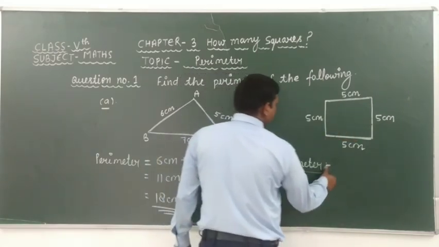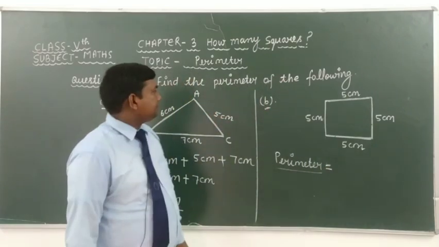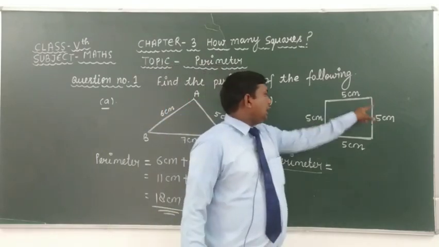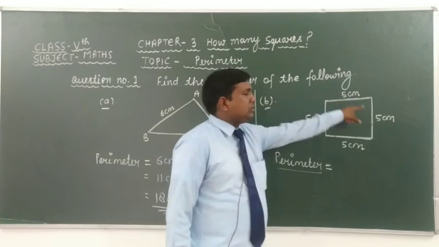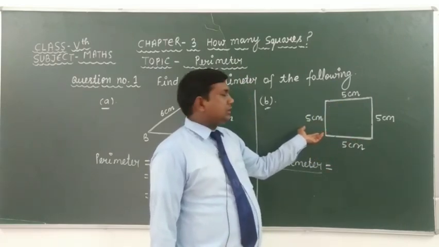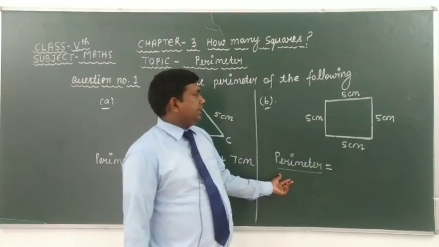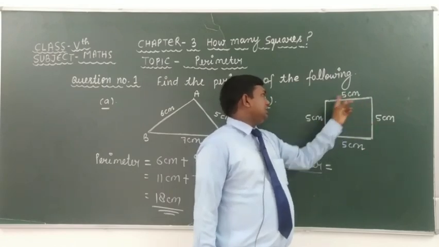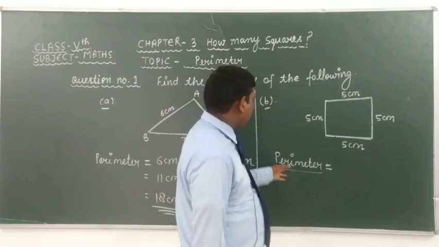Perimeter is equal to... We know that the sum of the length of all given line segments of a simple closed figure is called its perimeter. According to the definition of perimeter, here we have to take the addition of this and this and this. After adding these, we get the answer of this question.